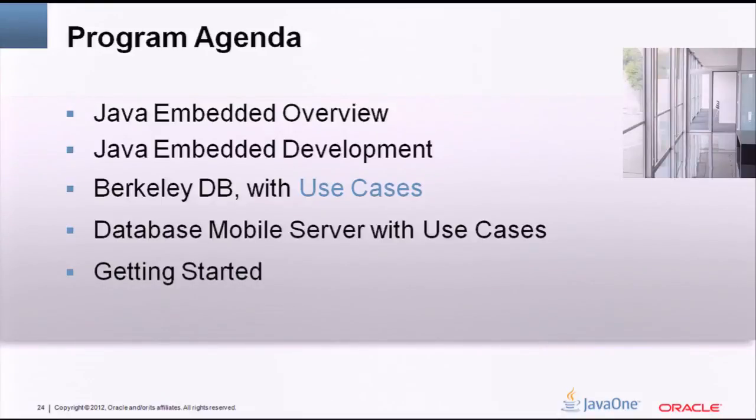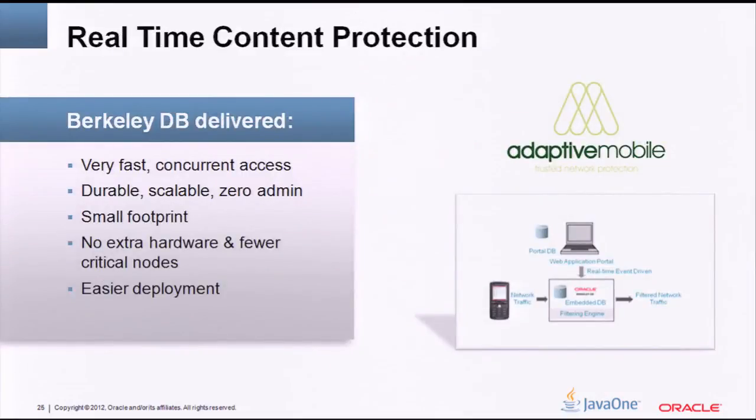We'll look at some use cases now for Berkeley DB. These first two are really good examples of the server-side applications I was talking about. This one is Adaptive Mobile. They have a content protection engine that runs in, this is soft real time by the way, not hard real time.